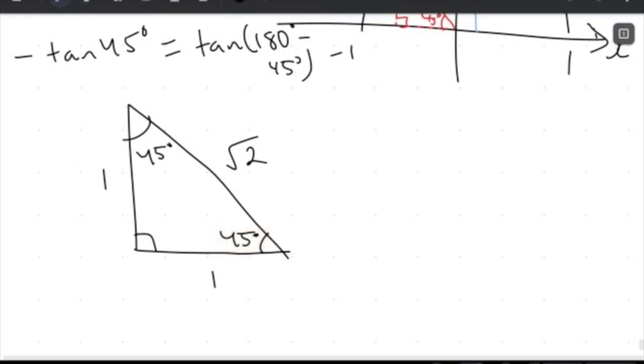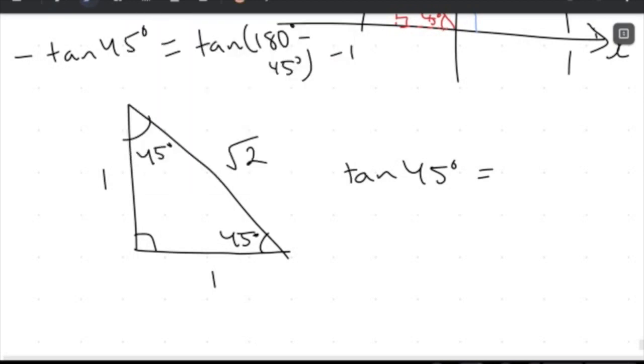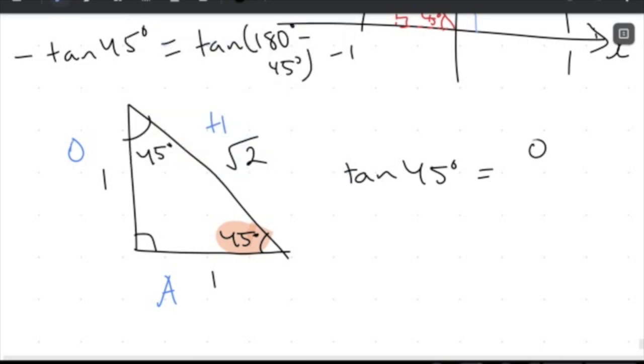So, the tan of 45 degrees is equal to my opposite. It doesn't matter which one I choose because they're the same. But let's say we took this to be theta. This guy here is going to be my opposite, my adjacent, and my hypotenuse. And my tan ratio is my opposite over my adjacent.